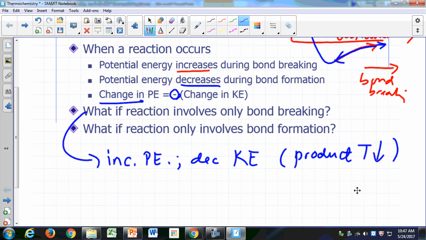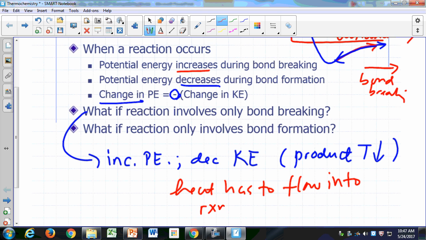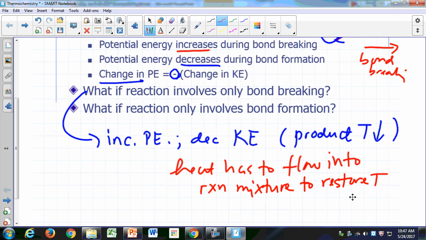But basically, if you're interested in the situation where you end up with products at the same temperature as the original reactants, then heat has to flow into your reaction mixture to restore the temperature. So we say then that bond breaking is endothermic.